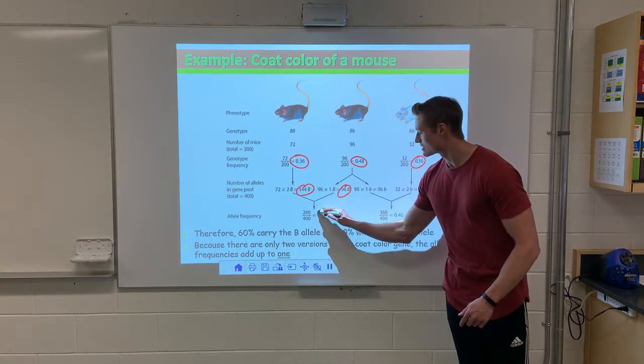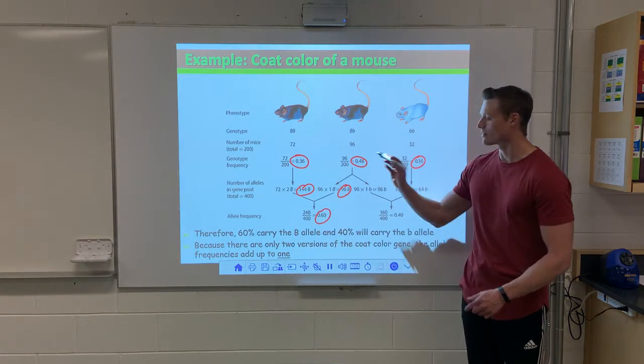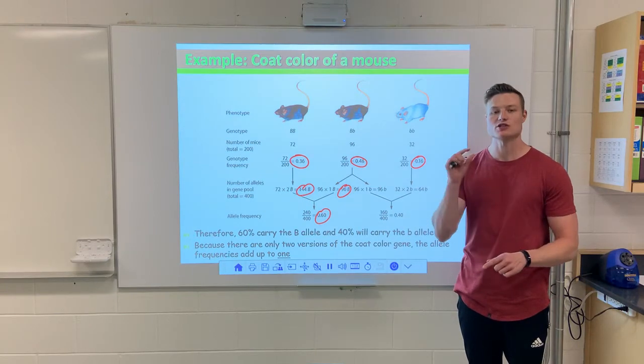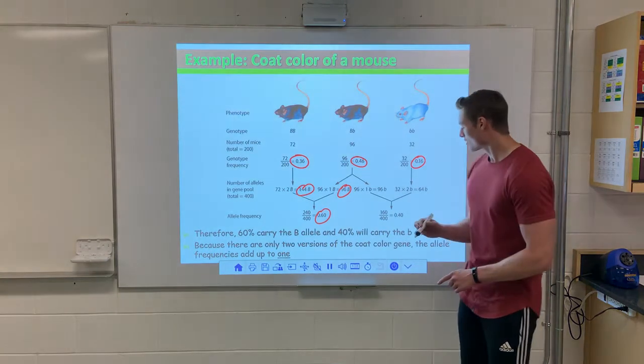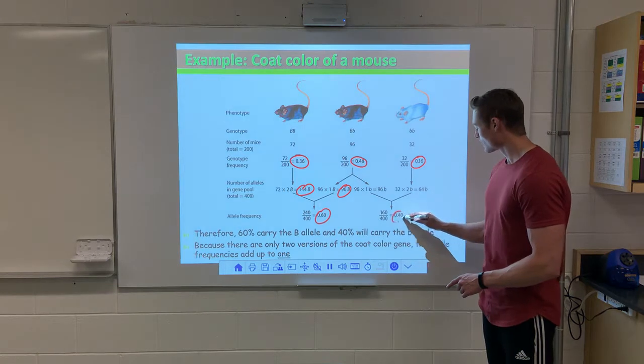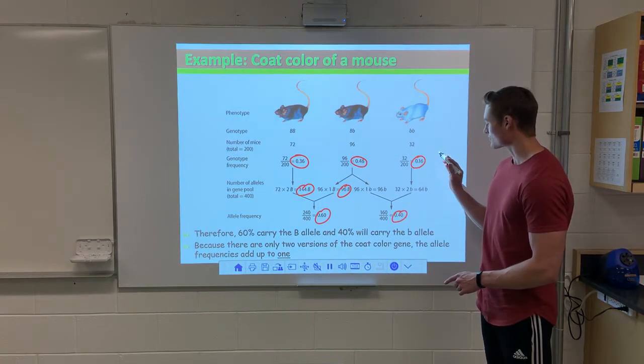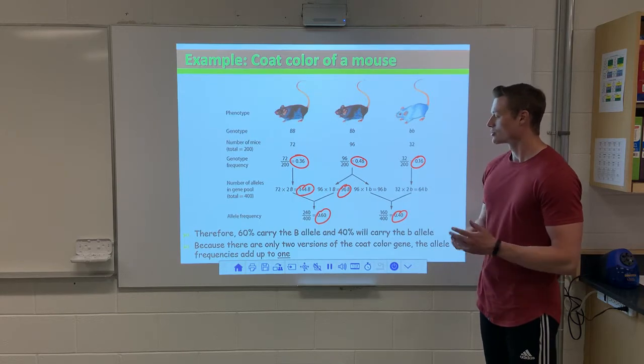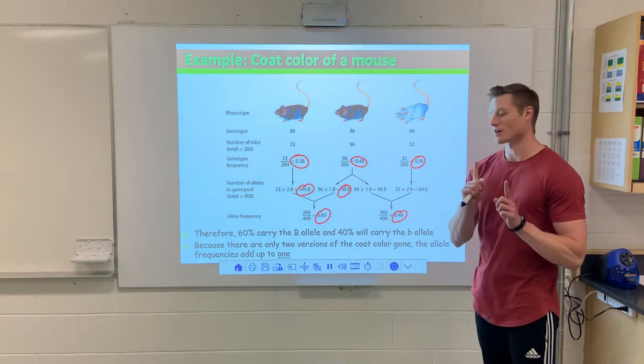So this gives a 60% allele frequency of the dominant allele, not the dominant genotype, not the dominant phenotype, just the big B allele. Then we go over here, factoring in the hybrids with the recessive allele, and we get 40%. And look at that, 40 plus 60, you guessed it, adds up to 100%.